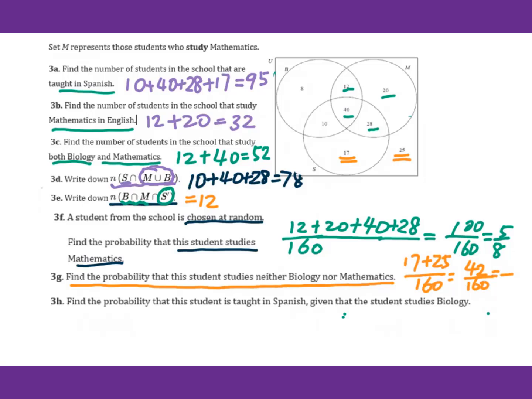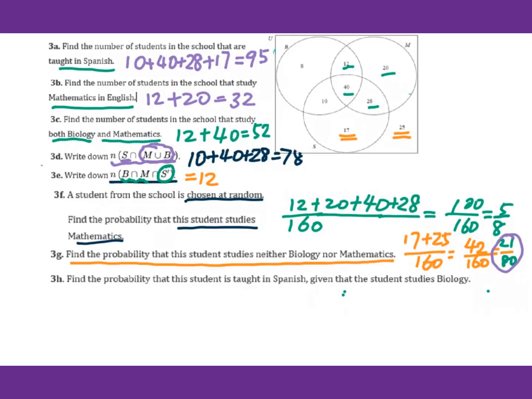You will get 21 over 80. Normally for probability, we want the fraction as your answer, unless they ask you to show your answer in percentage. So just leave the fraction as the answer in your IB exam.